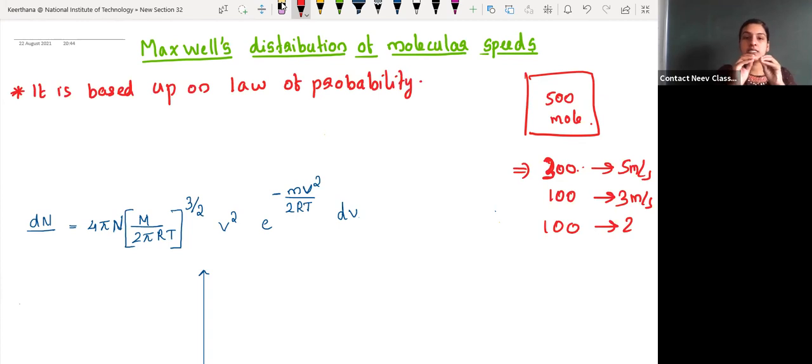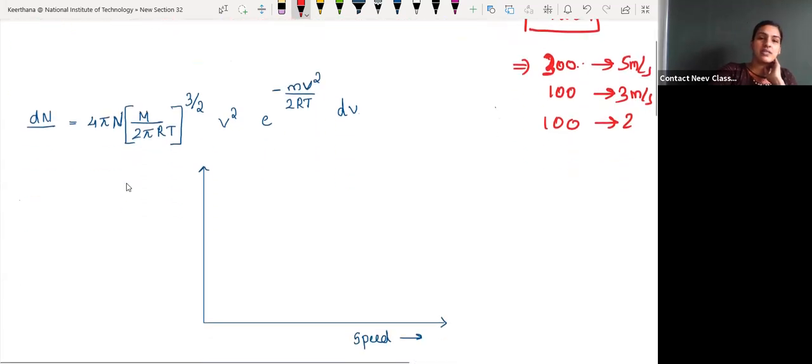This concept gives you a statistical average of the speed of molecules in the whole container, or in the whole gas. And they derived an equation. Actually, this equation is not there in your syllabus, but you can just read it, no need to study it, just understand what it means.